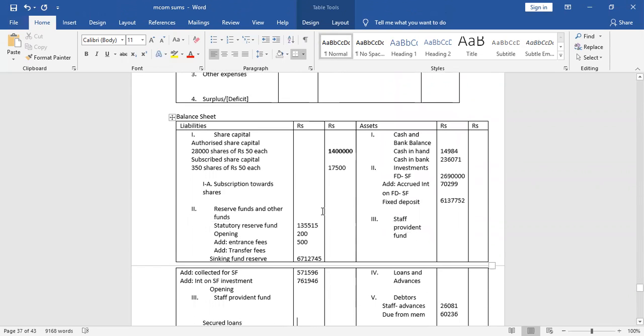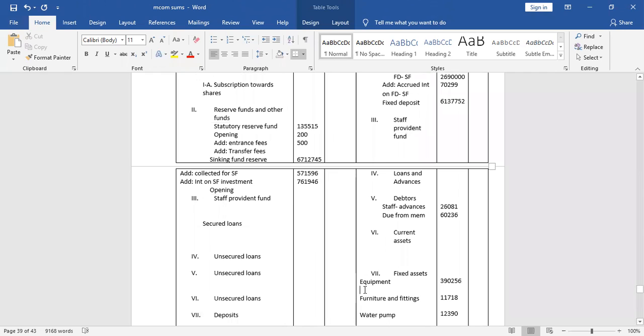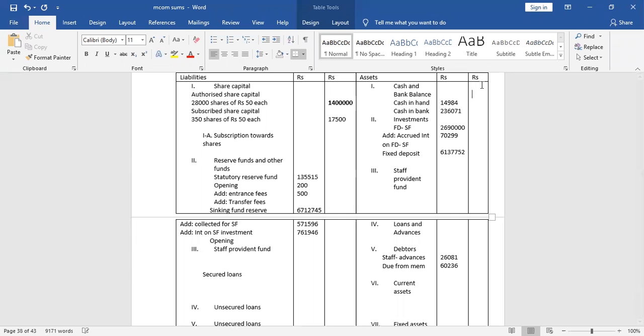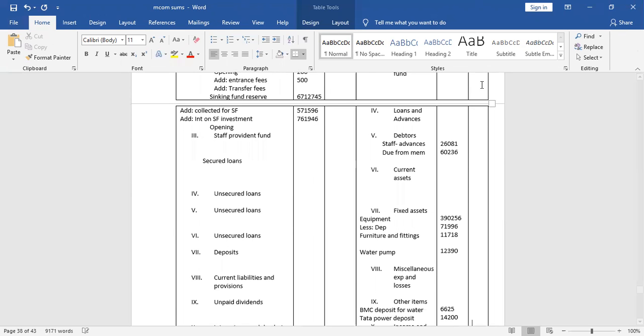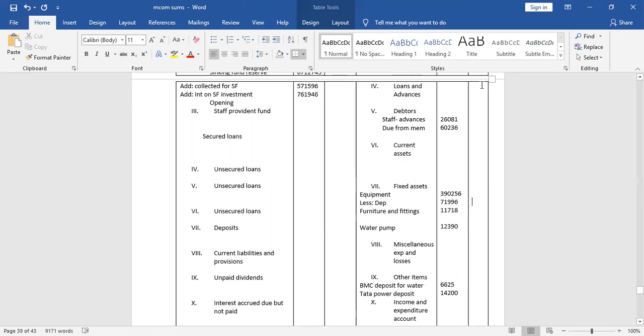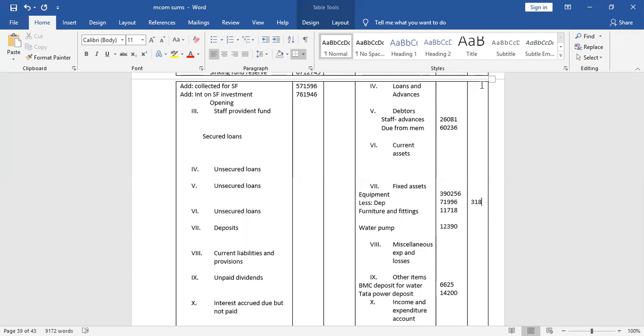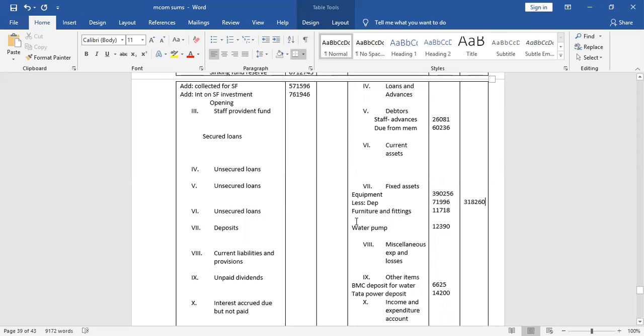So let us less equipment depreciation, amount is 71996. What amount will you get after minusing this? After minusing this we will get 3,18,260. After this we have to write the depreciation at the end.